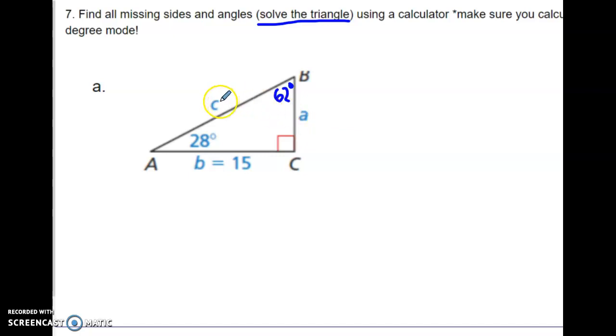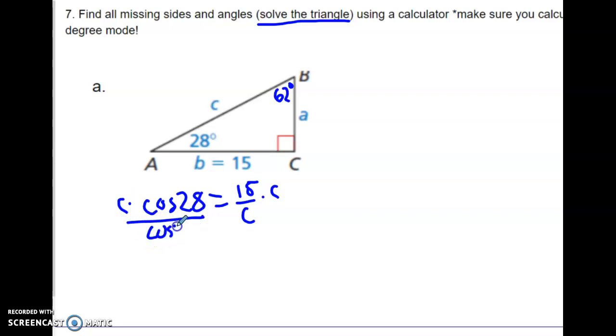Let's look at C. If I want to use 28 and C and B, I know that's a cosine relationship. So I would write the cosine of 28 degrees is equal to the adjacent side, which is 15, over C. This time I have to multiply both sides by C, but then I want to divide both sides by the cosine of 28.